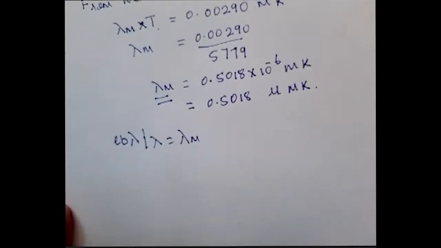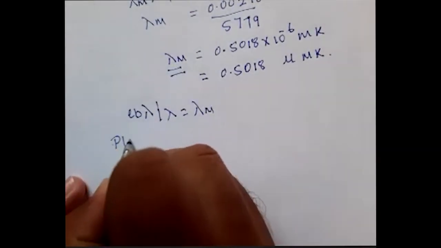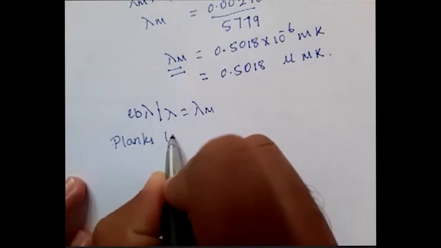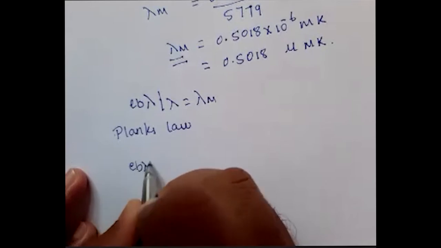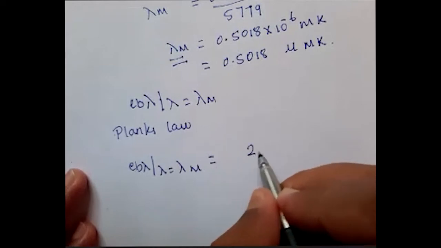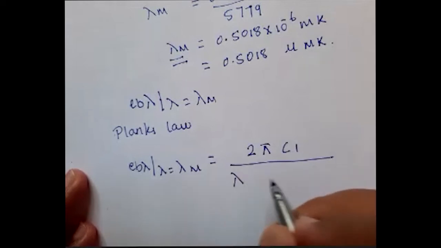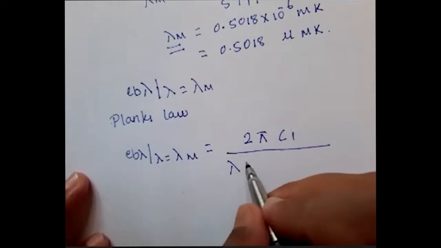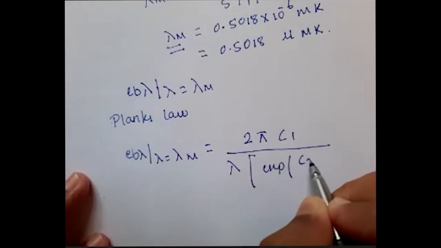This can be found out using Planck's law. From Planck's law, EB lambda is equal to 2 pi C1 divided by lambda to the power 5 into exponential of C2 by lambda T minus 1.